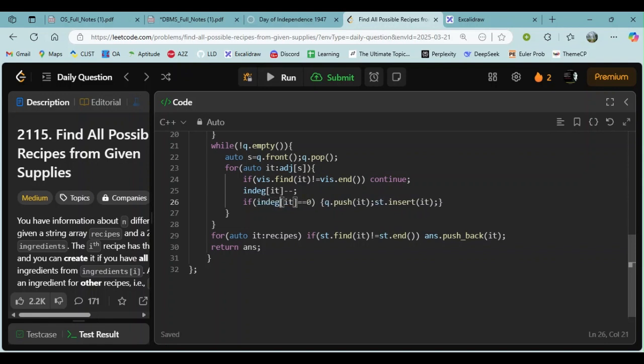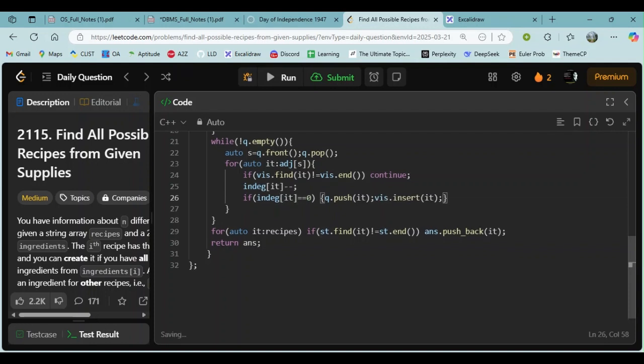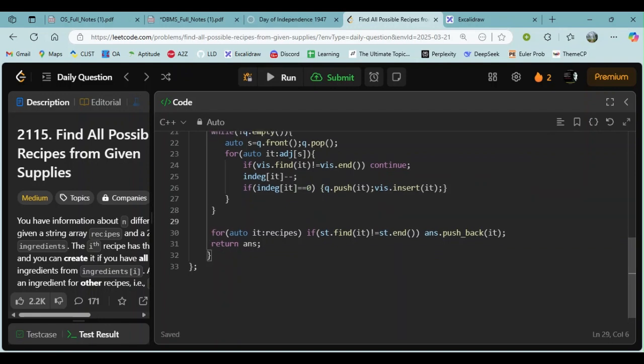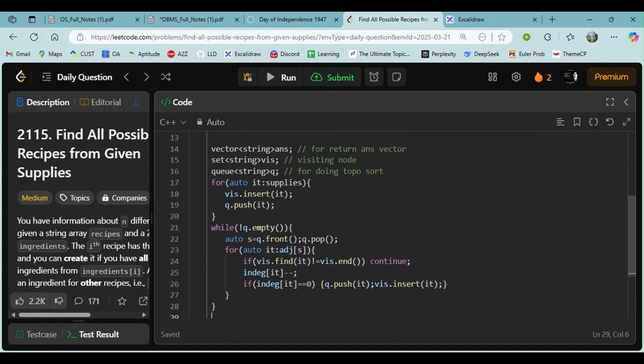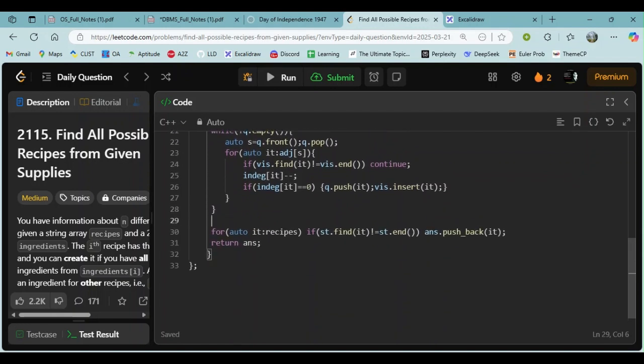And then if the in degree of the node becomes 0, I will push it in my queue, then I will insert it in my visited set. After all this operation, I know how many ingredients I can make by using toposort. This is just toposort using Kahn's algorithm.